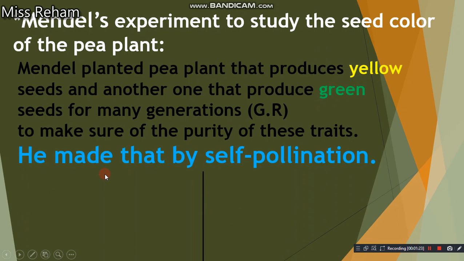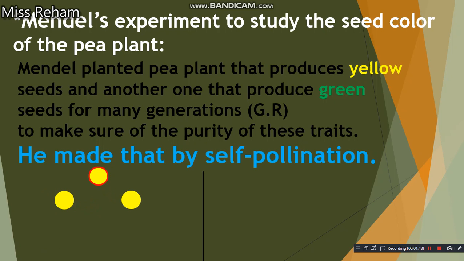He made that by self-pollination. What happens? He planted the pea plants that produce yellow seeds. This is the parent seed, and this is the first generation.